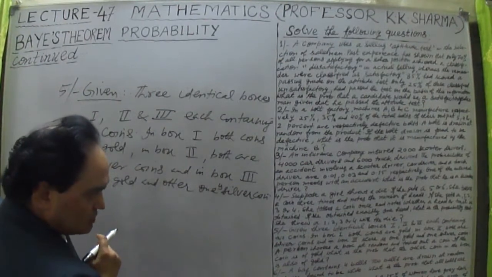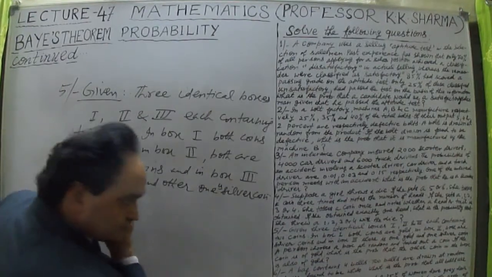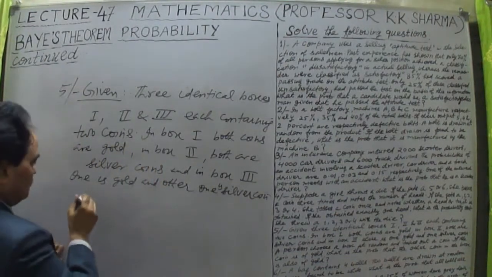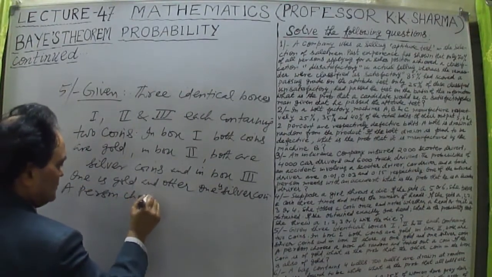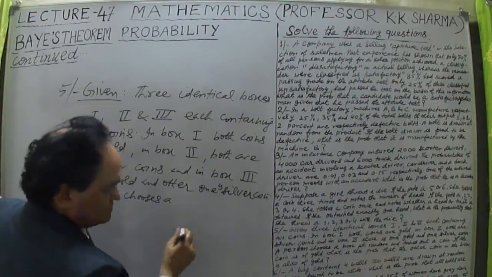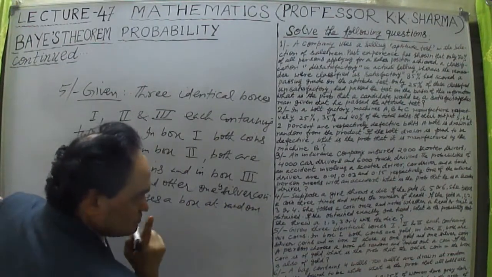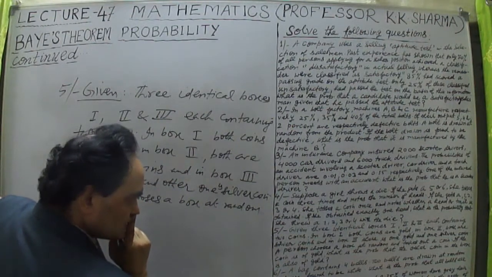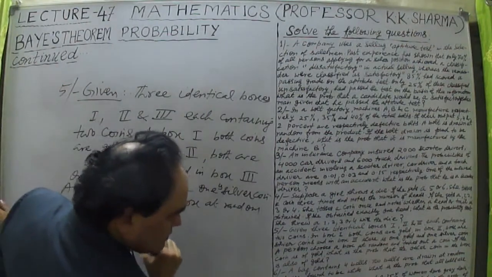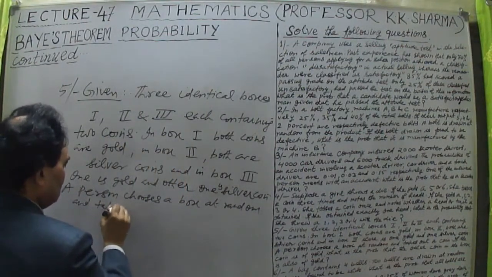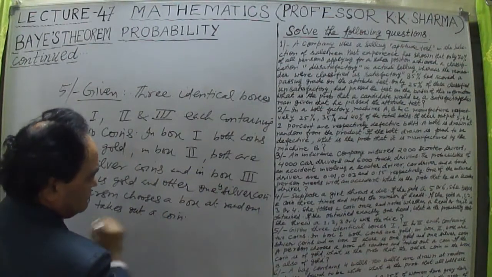Then further it says a person chooses a box at random and takes out a coin. This is given to us.